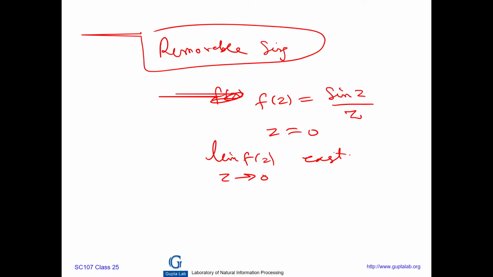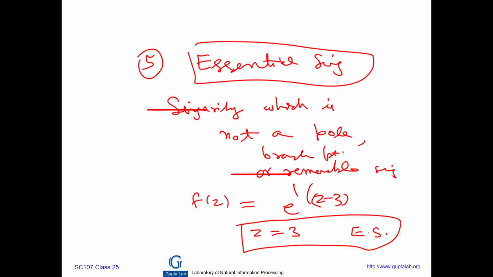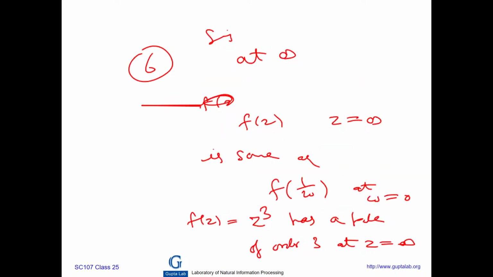Removable singularity: if we can redefine the function, it is a removable singularity; in this case, for example, the limit exists, so we can redefine the function. Essential singularity: which is not a pole, branch point or removable, like this e raised to the power of 1/(z minus 3). Done, what else.